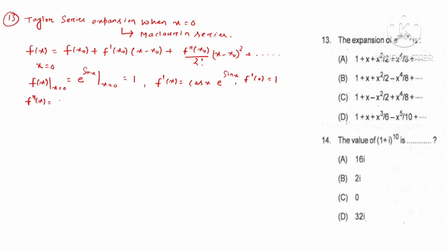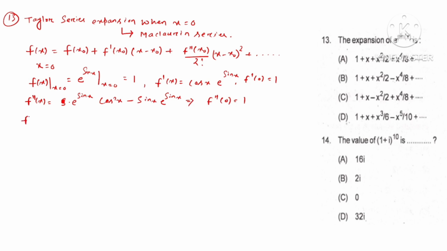Let me write it down here. Sorry, e to the power sine x here. This is cos square x minus sine x e to the power sine x, which will be f double prime at x is equal to 0, which is equal to 1.